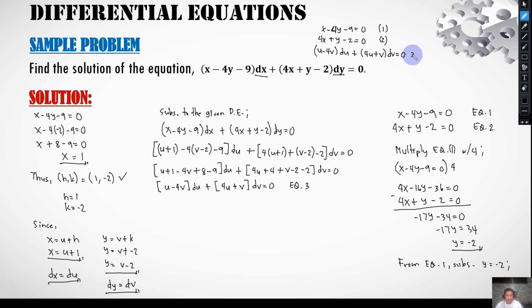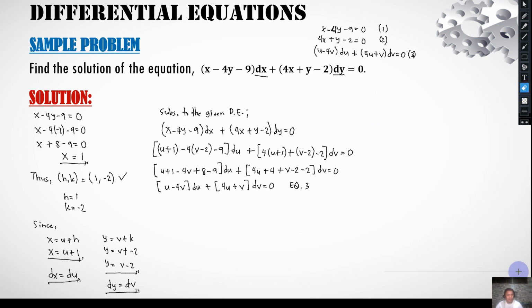So, ito yung equation 3 natin. So, we are just going to erase this one. So after this, we are going to proceed now with this equation 3.